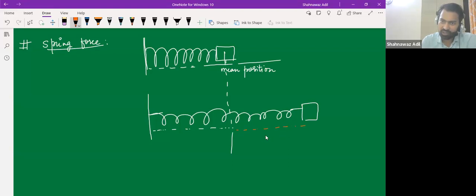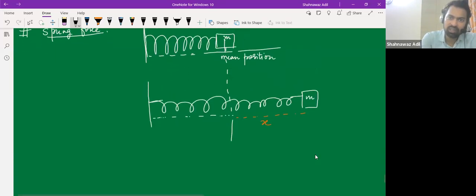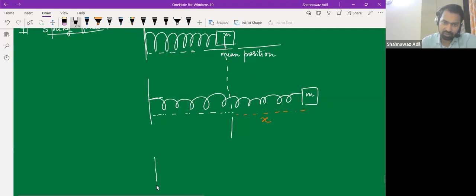So this x distance we have stretched, right? And this has some mass. Okay. And then another thing you can do is compress this spring. So you can do this way also, right? So you are now compressing this thing.